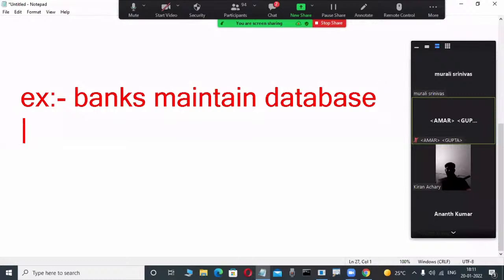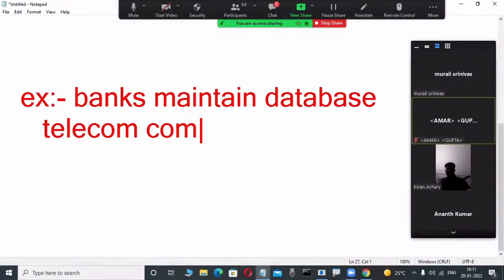Banks are easily understandable. Suppose telecom companies, there are so many examples. Roughly, for an easily understandable purpose, telecom companies maintain databases. Suppose you make a call to your friend, where are those call details stored? In a database.